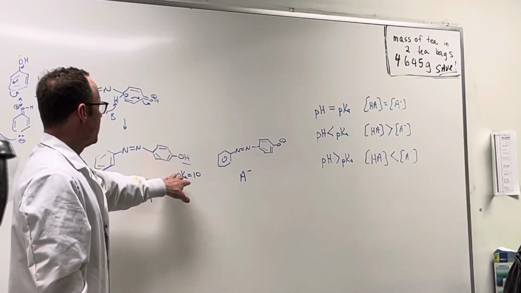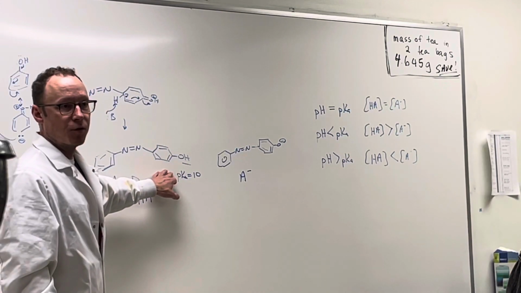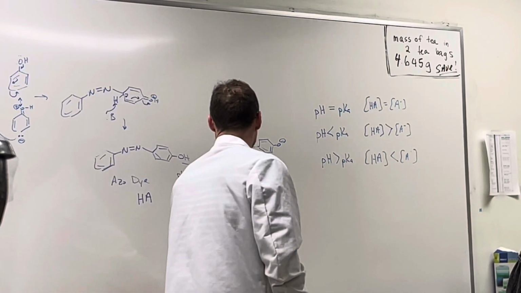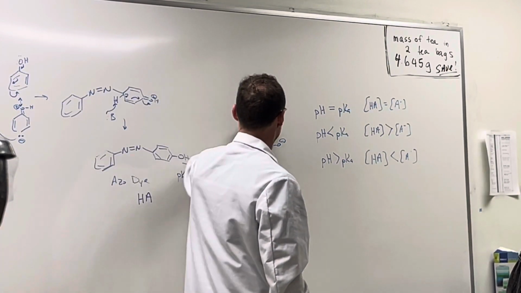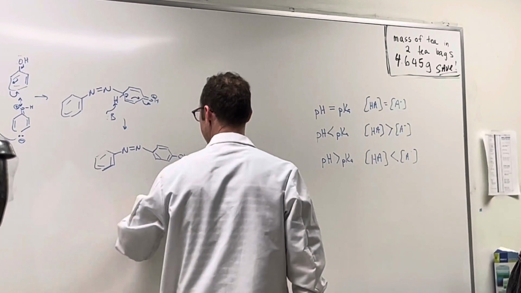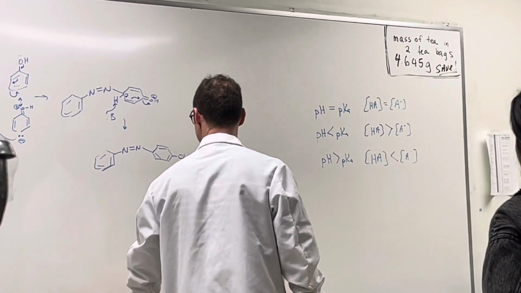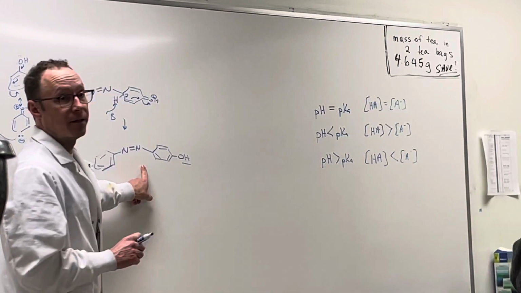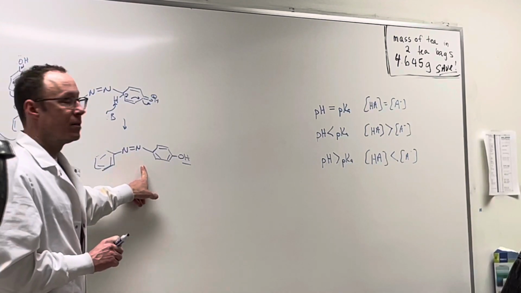Okay, so the phenol is not the only ionizable group in these dye molecules, okay, because what can happen under the right conditions, you can actually protonate the azo linkage.